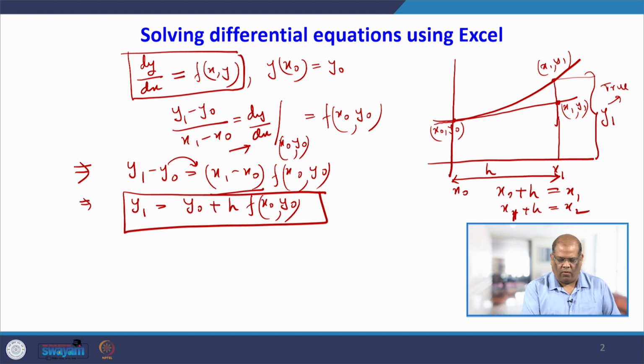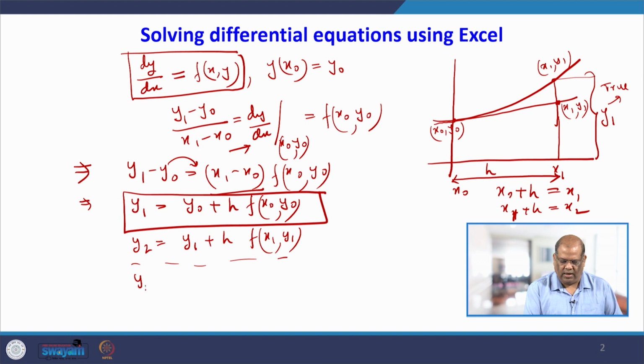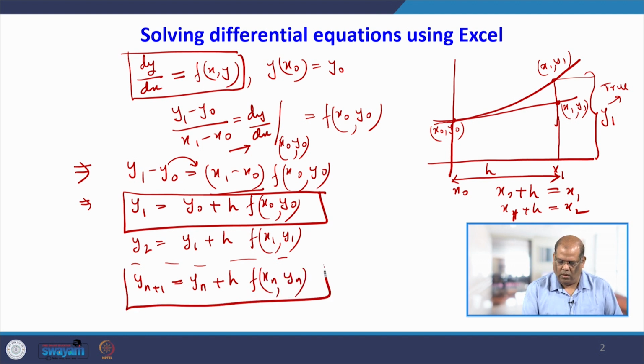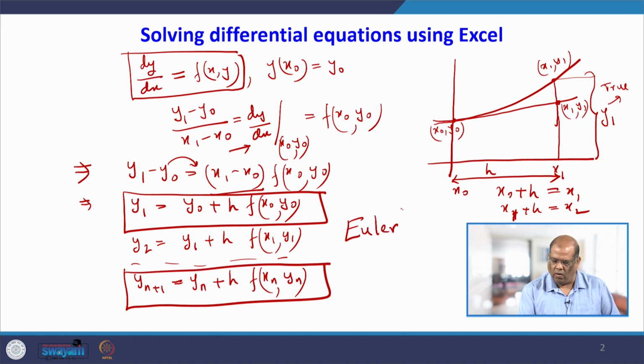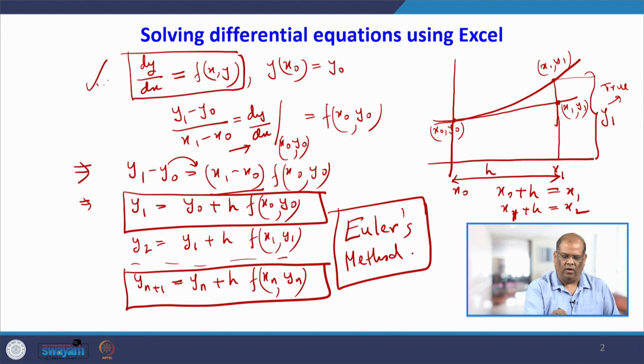So, in the next step, the y2 you can see from here will be y1 + h times f(x1, y1), and if I generalize this, y(n+1) = yn + h f(xn, yn). So, this formula or this method is called Euler's method of solving a differential equation of first order of this form.